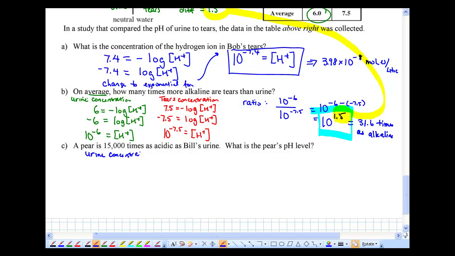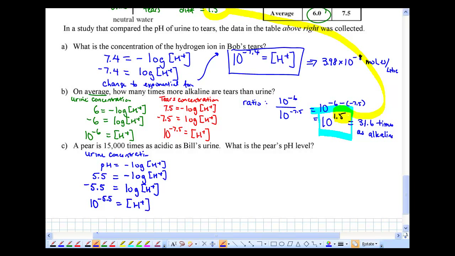Using the formula for pH, which equals negative log H plus, 5.5 equals negative log H plus. Dividing by the negative gives you negative 5.5 equals log H plus. Change to exponential form, 10 to the power of negative 5.5 equals the concentration of H plus.